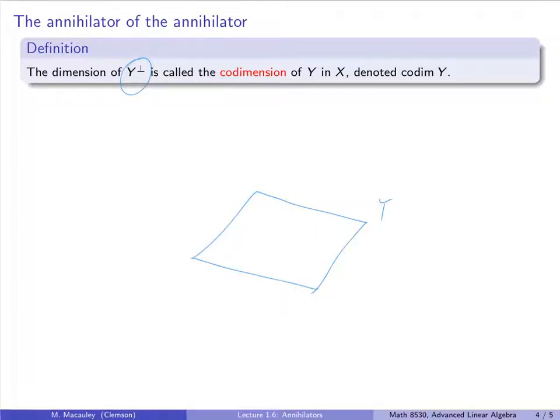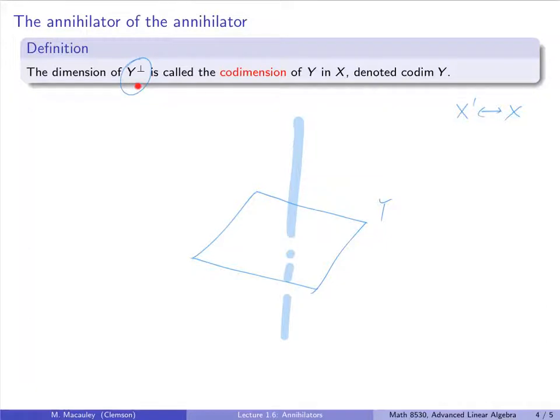So you can identify x prime with x, these are isomorphic, by basically declaring these row vectors to be column vectors, then what that does is it literally takes these row vectors to column vectors that are orthogonal to the subspace y.